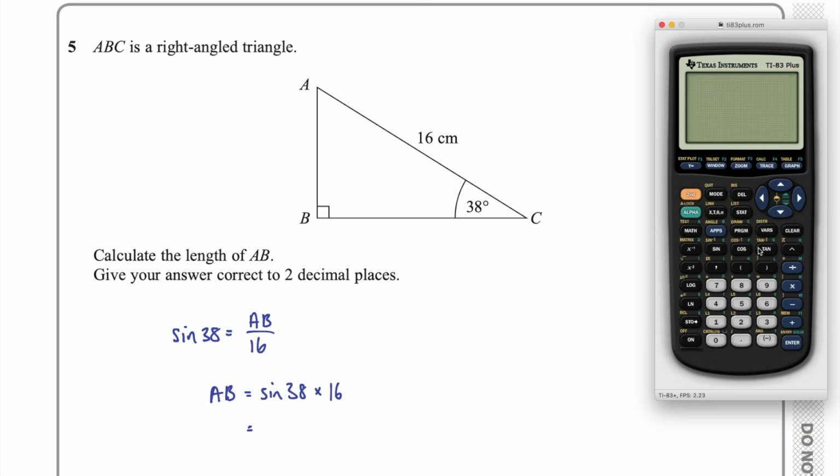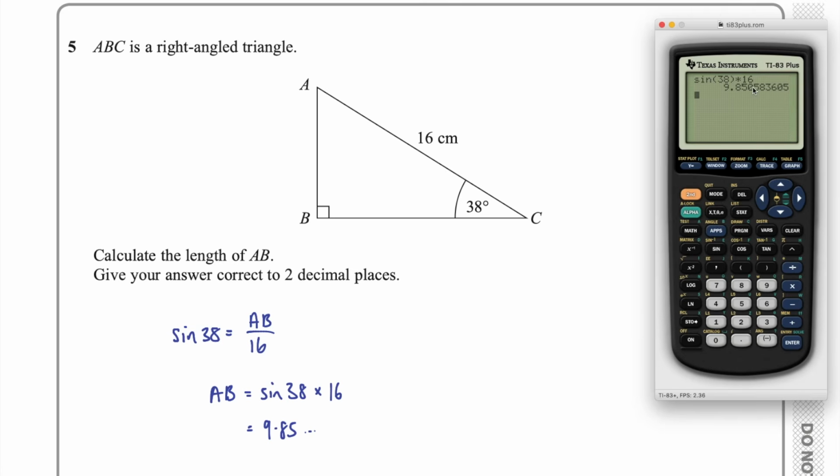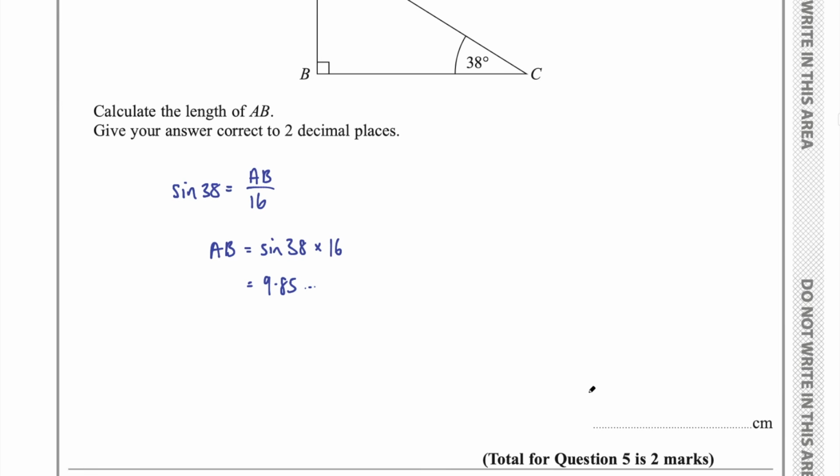So I want the sine of 38 multiplied by 16, and I get 9.85 and so on. And it says, give your answer correct to 2 decimal places. So the next digit was a 0, so this is going to round off to 9.85. Okay, so final answer is 9.85 centimeters. And that was question 5 for 2 marks.